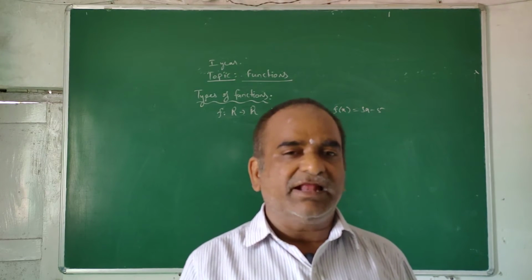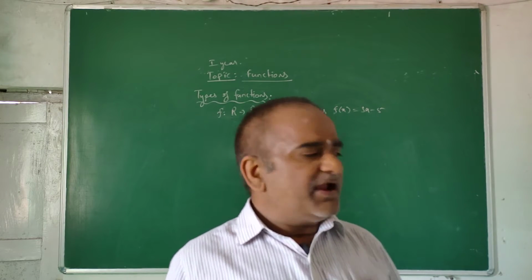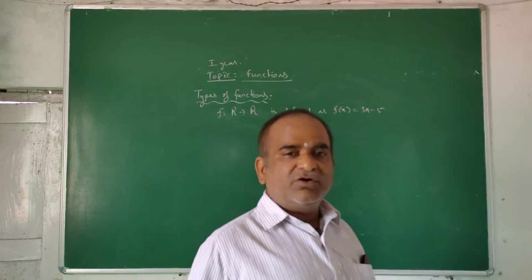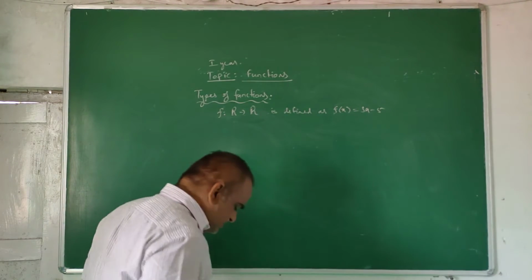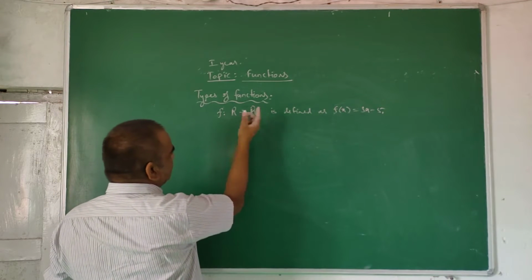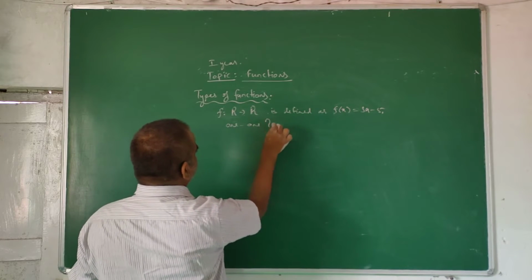Both are infinite sets. So f is defined as f of x is equal to 3x minus 5. Now we have to state whether it is one-one or not. Is it one-one?